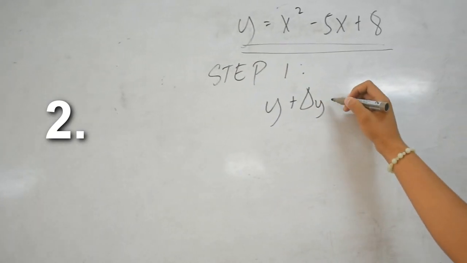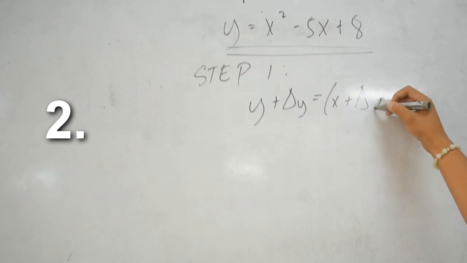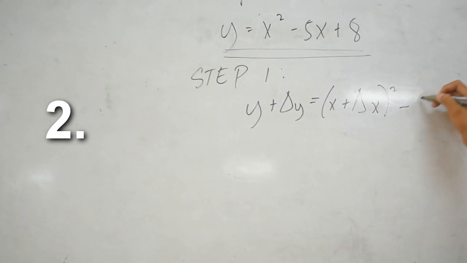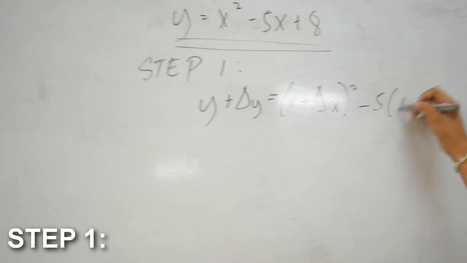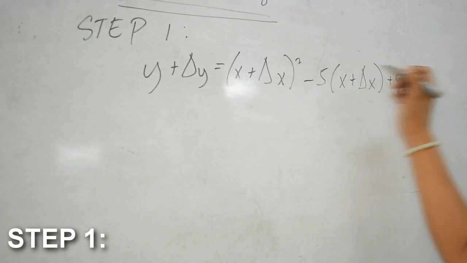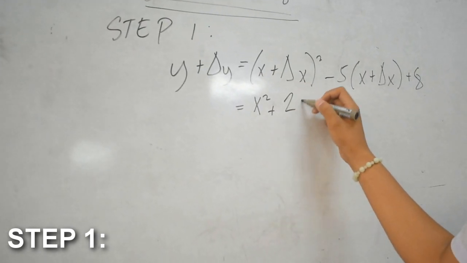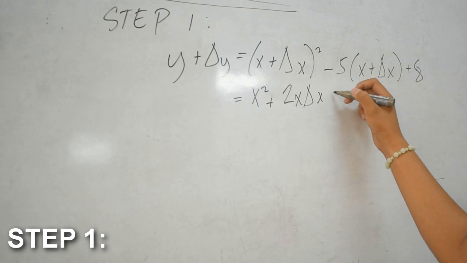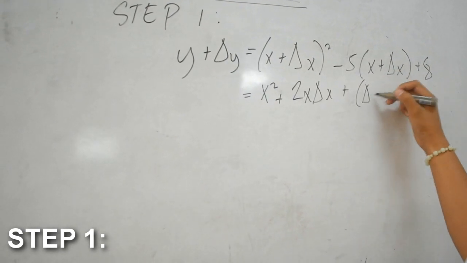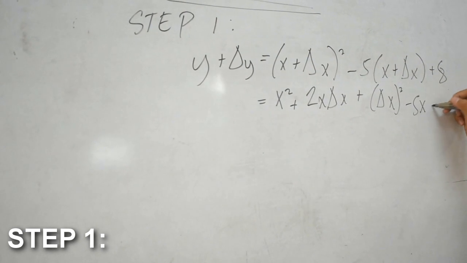We have the second example. Find the derivative of y equals x squared minus 5x plus 8. Step 1. In the given equation, replace x with x plus delta x and y with y plus delta y and then simplify. We have y plus delta y equals x plus delta x squared minus 5 times x plus delta x plus 8.